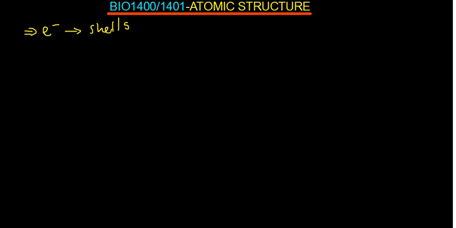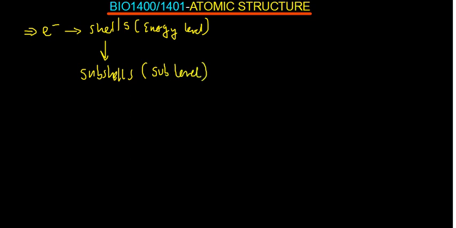So we know that electrons are found where? In shells. But these shells have spaces also. Shells can be divided into what we call subshells. The other name for a shell is energy level, and the other name for a subshell is sublevel.